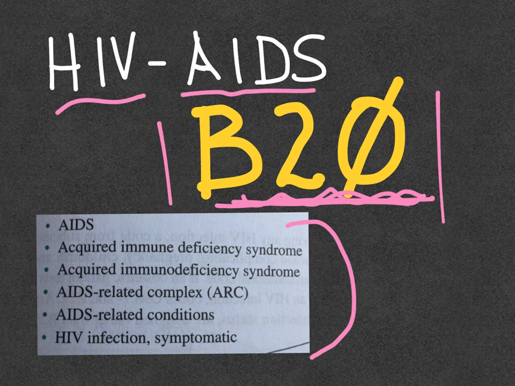So in this particular case, again, we're going against our general rule. If AIDS is documented as suspected or likely, we cannot code B20. There could be legal or moral implications for using that particular diagnosis code if it is not truly the case.